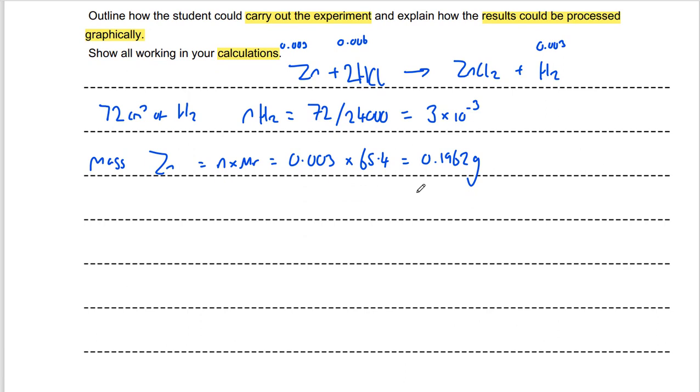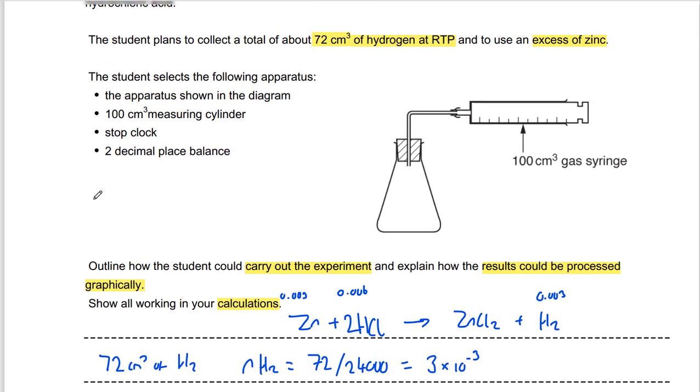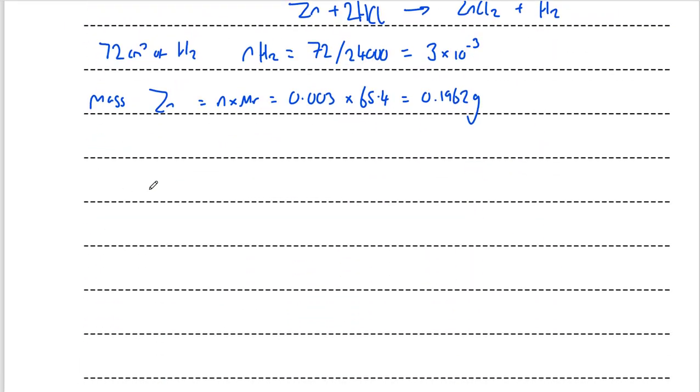Now, for the hydrochloric acid, we've got a bit of a dilemma, because hydrochloric acid is a liquid. For our hydrochloric acid, we've got the moles of HCl, which is 0.006.